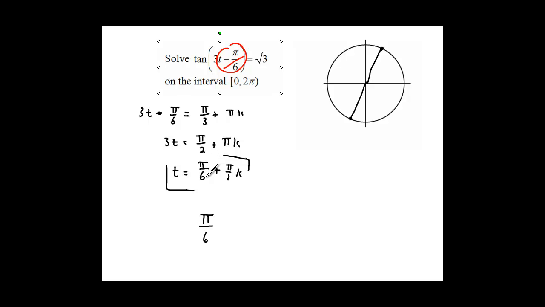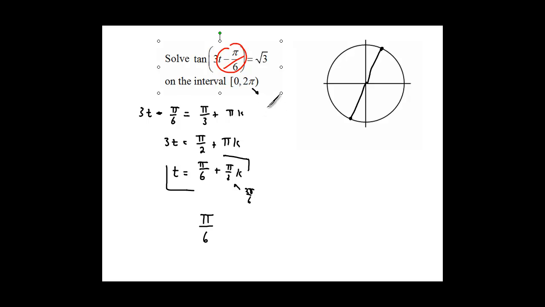Once I have pi over 6, I can add any number of pi over 3's to this. So it might be useful to remember that pi over 3 is the same as 2 pi over 6, and I can keep adding 2 pi over 6 until I get a value that is more than 2 pi.